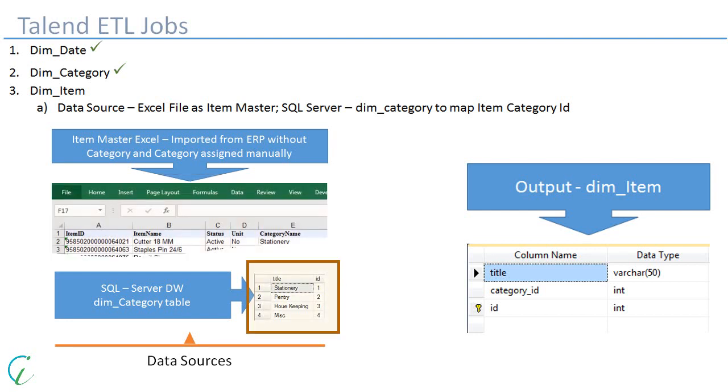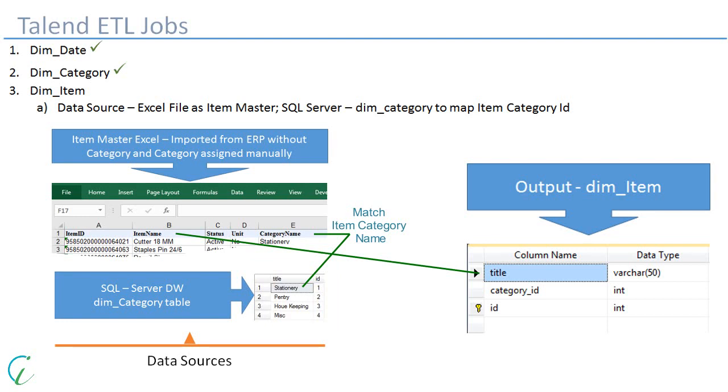Second source is our previously populated dim category table. From the Excel file, all items will be inserted to the dim item table. We will match the category name between the Excel file and the dim category table. Based on matching, the category ID will be inserted to the dim item table.